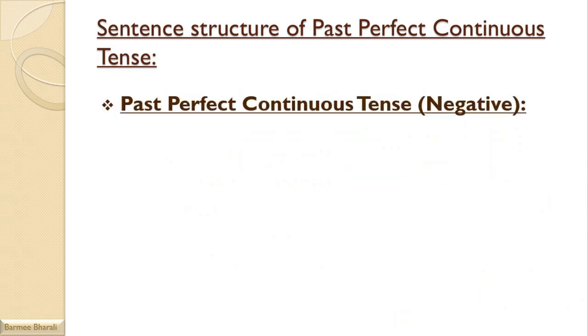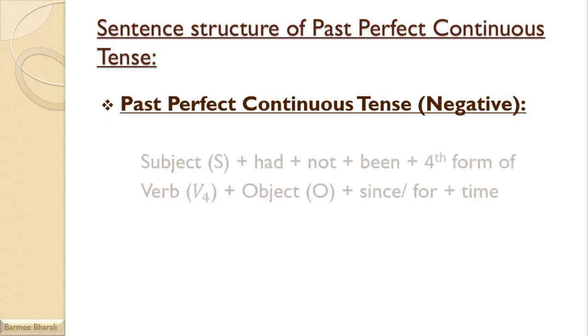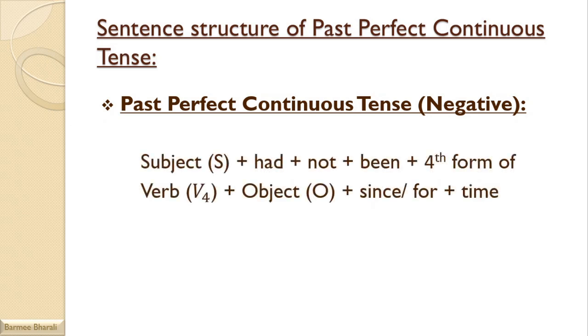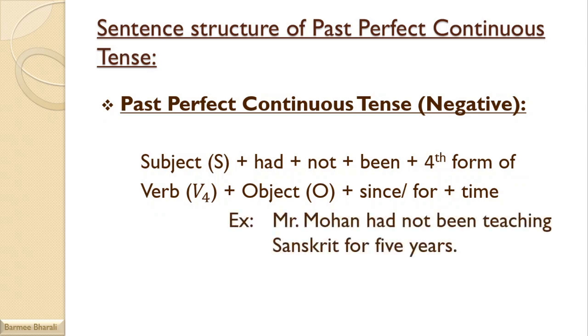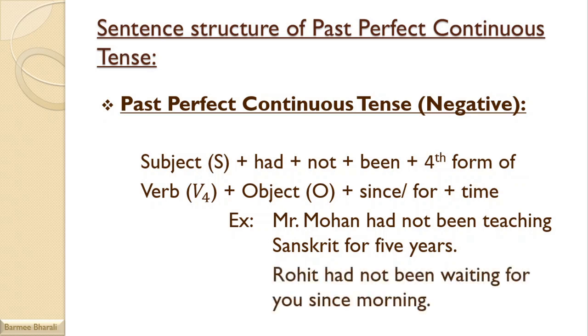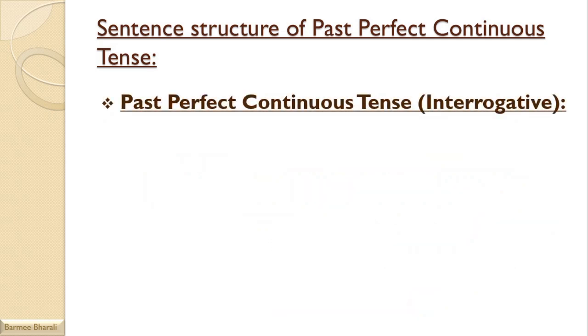Past perfect continuous tense negative. Subject plus had plus not plus been plus verb plus ing plus object plus since or for plus time. Mr. Mohan had not been teaching Sanskrit for 5 years. Rohit had not been waiting for you since morning. Past perfect continuous tense interrogative.